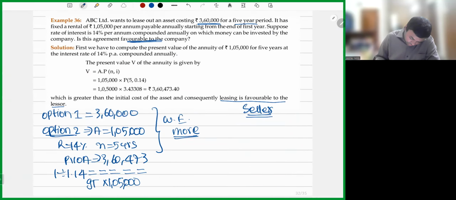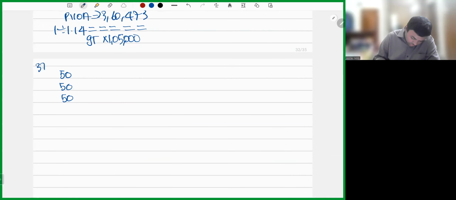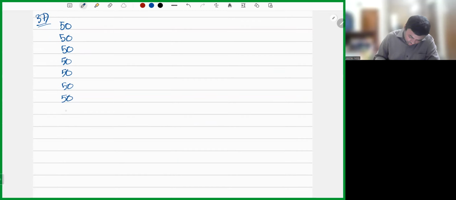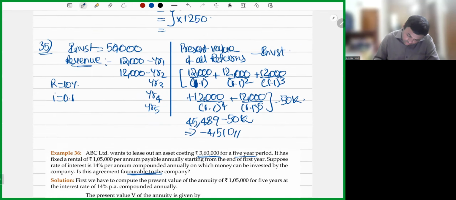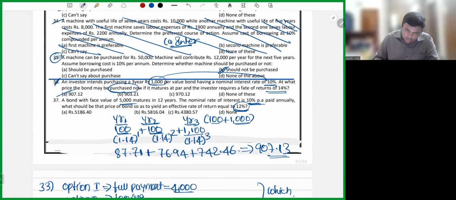Question number 37. 4, 5, 6, 7, 8, 9, 10, 11, 12. Be careful, in the 12th year, you will get interest 50 plus the 5,000 which you have kept. So you will get 5050 in year 12. What is the rate of interest? 12%.